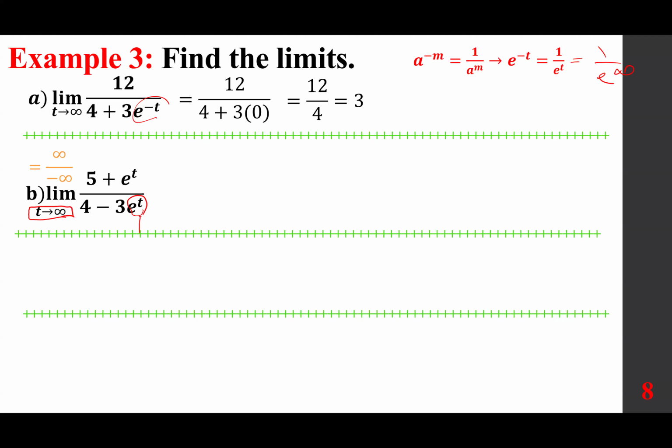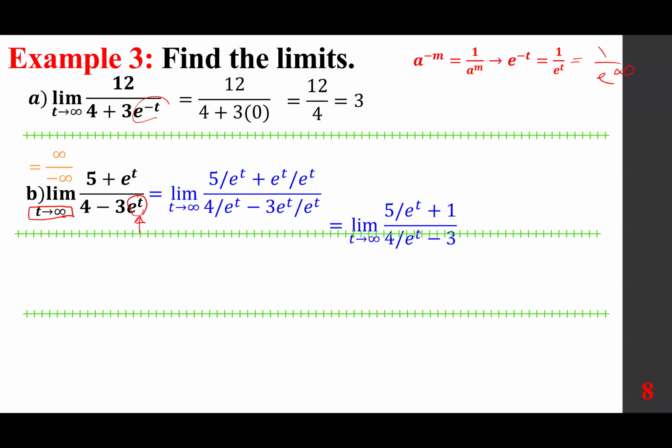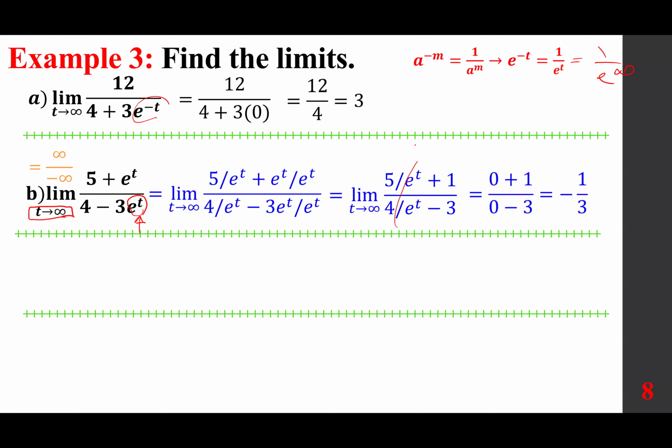We can't say highest degree, so highest value in the denominator, which is e to the power of t, and we simplify everybody. Of course, each one of these goes to 0, and you get positive 1 over negative 3, which is negative 1/3.